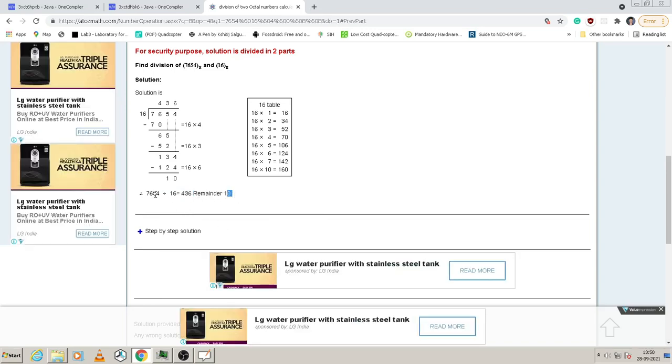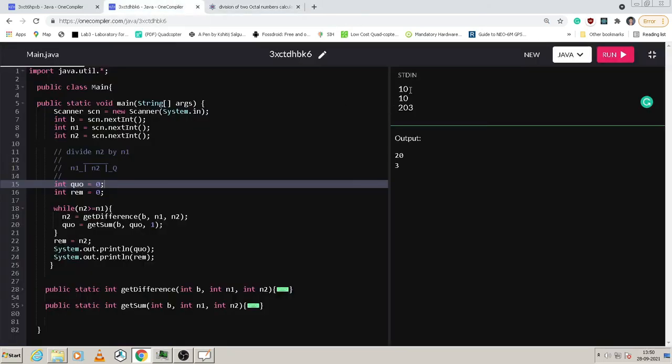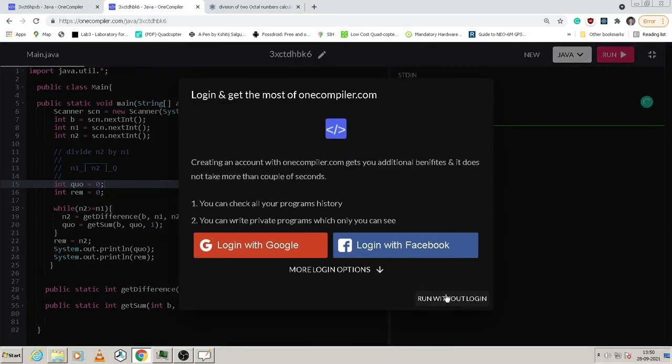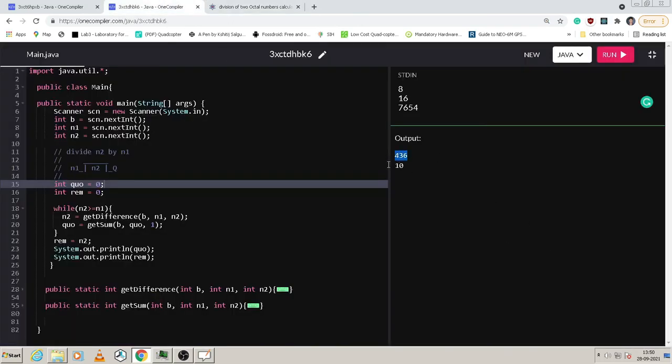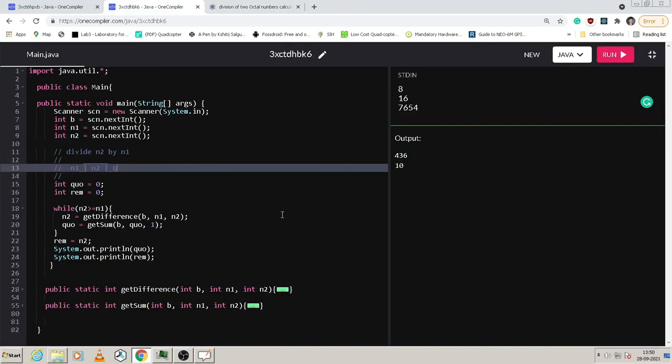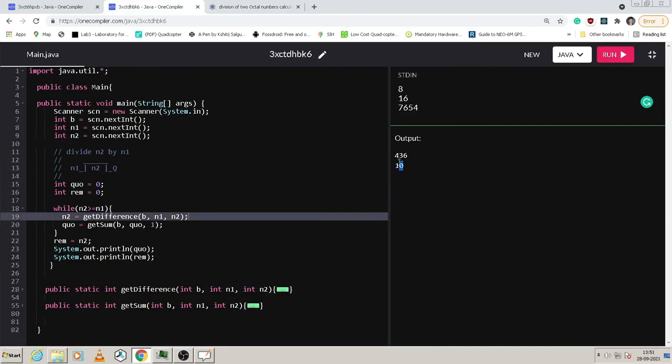Let's do this. 7654 divided by 16 in base 8. What was the output? 436 and 10. Yes, it is working. You can check it for more inputs.